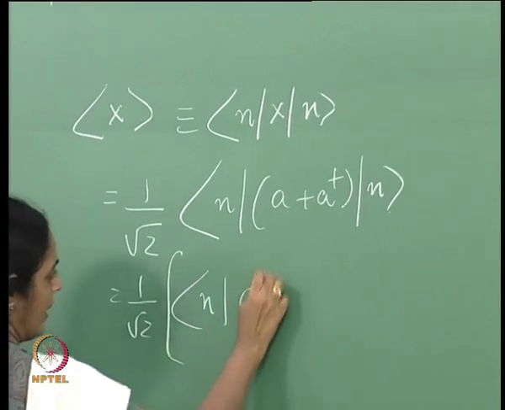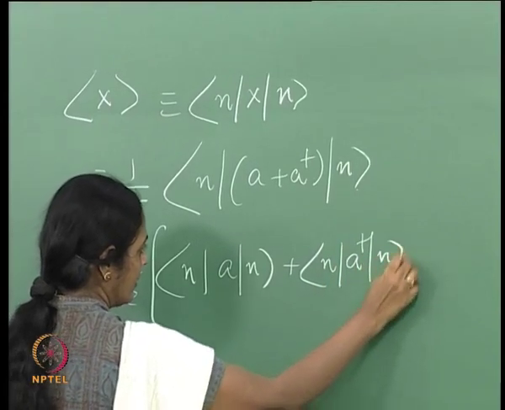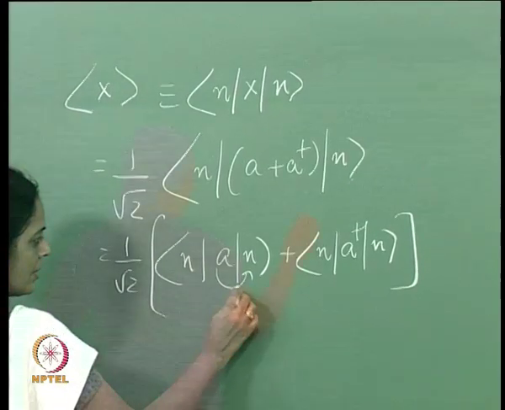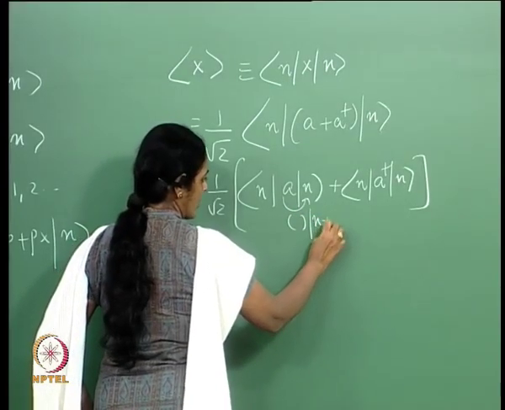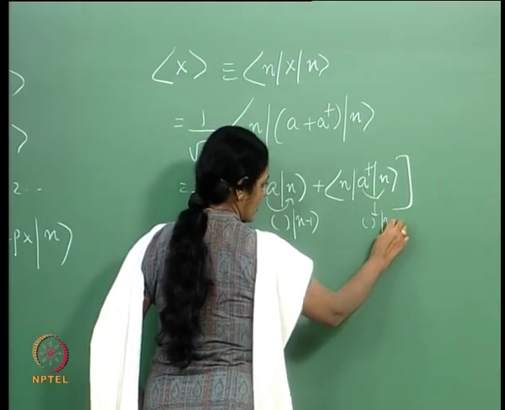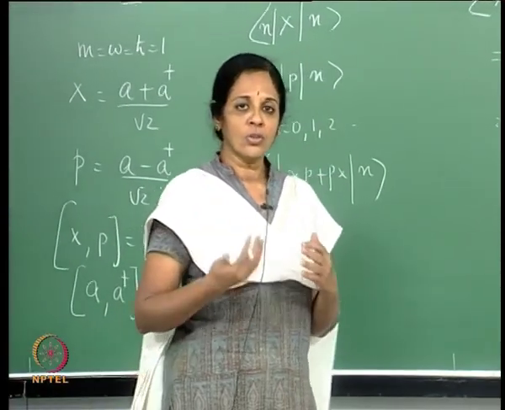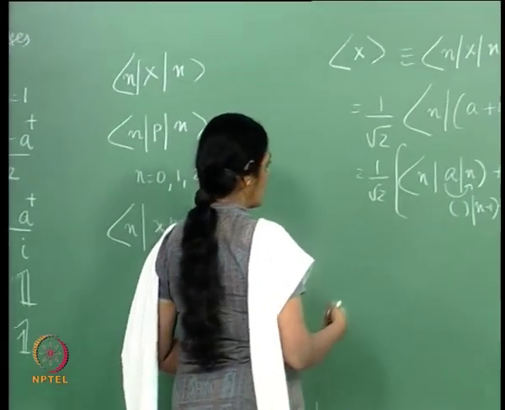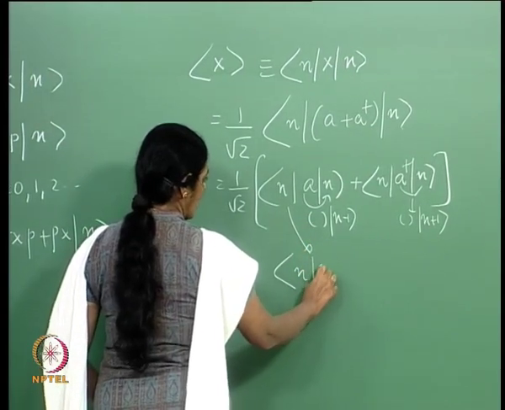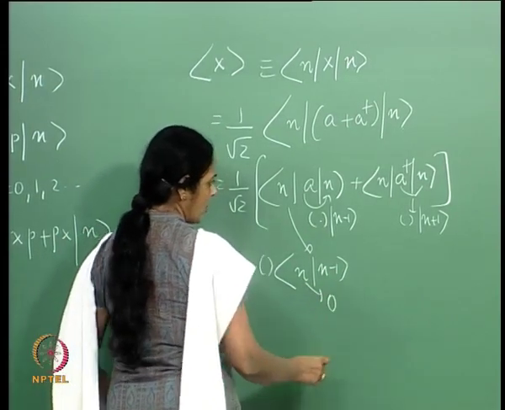That is simply <n|a|n> plus the expectation value of a dagger in the state n. a|n> takes this, apart from some coefficient, to the state n minus 1, and a dagger takes this, apart from a coefficient, to the state n plus 1, but the states are orthonormal, they are orthogonal to each other, and therefore this would simply be <n|n minus 1> apart from this coefficient, and therefore this is 0.